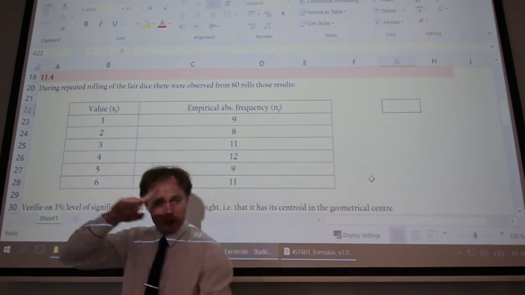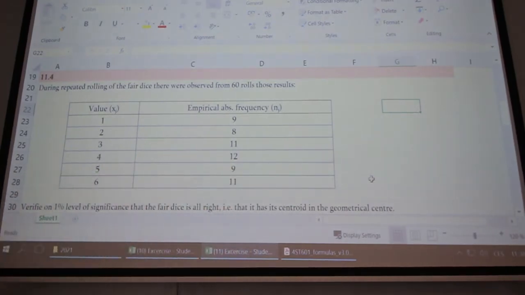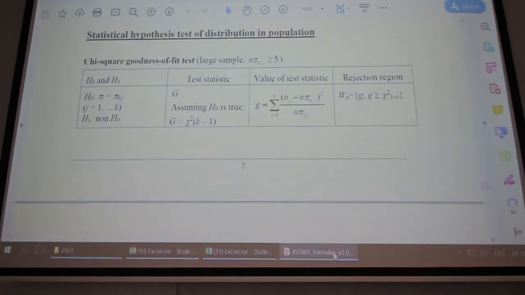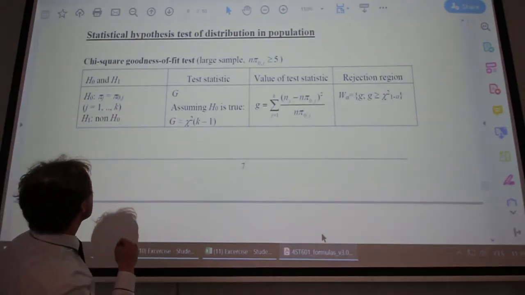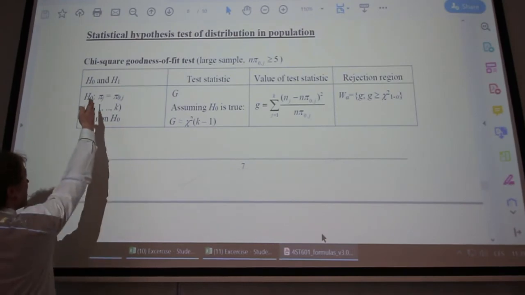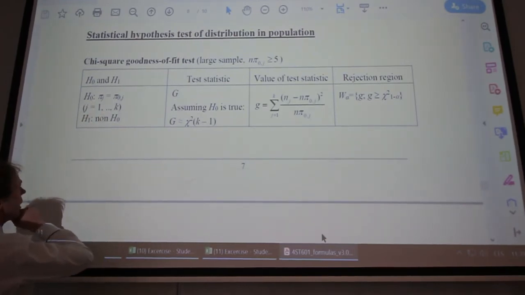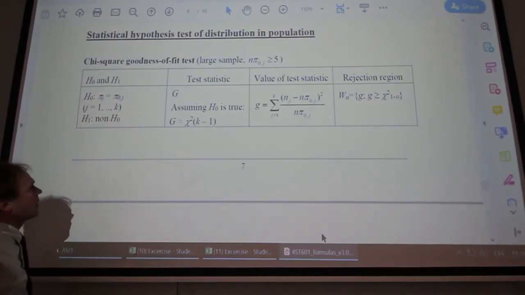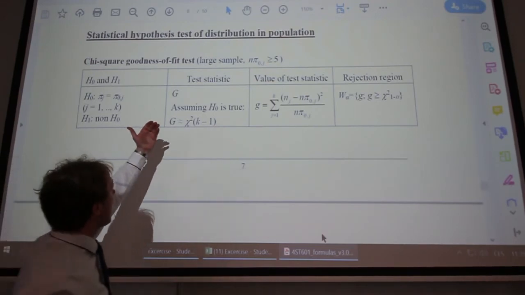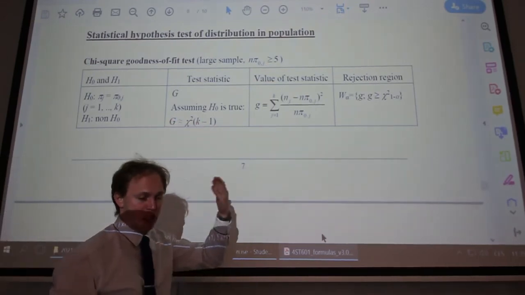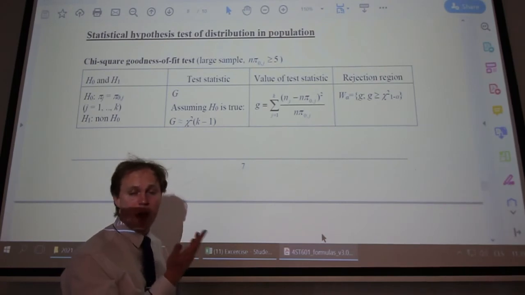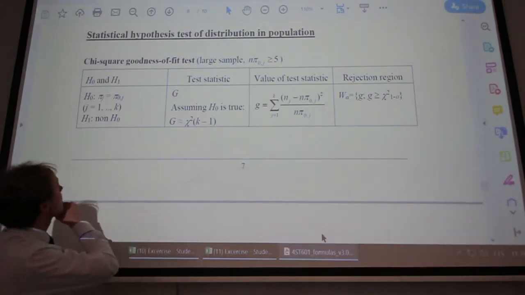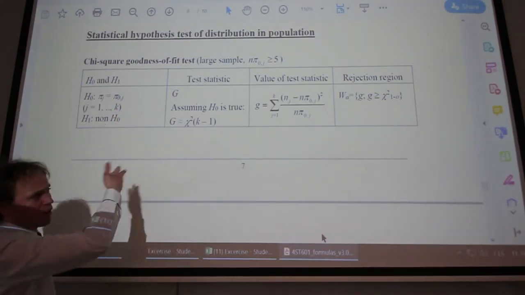So we will use the chi-square goodness of fit test, where the zero hypothesis is written here. There is only one alternative. We need to calculate the test statistic G with chi-squared distribution.